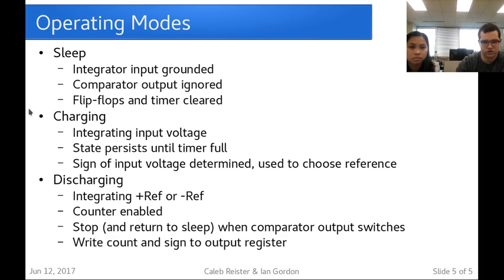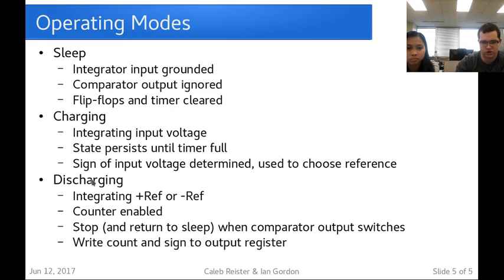Then there's charging mode, which is where we integrate the input voltage, and it persists until the timer hits its max point. The sign of the input voltage is determined, since ours is bipolar, and used to choose either a positive or negative reference voltage.